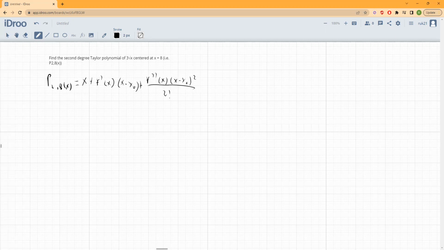So let's just start with what we have. We're going to need to find f prime at x. We have the cube root of x, which is equal to f of x.